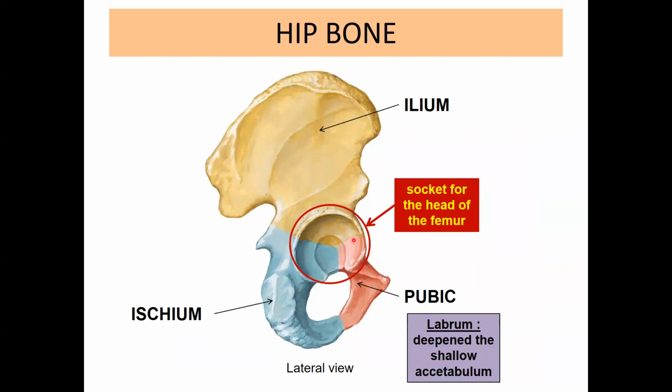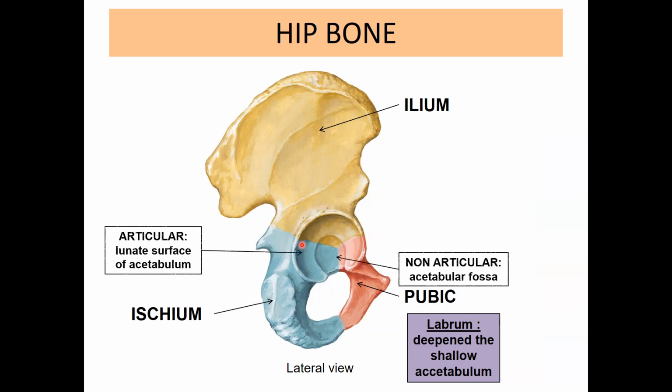So the head of femur can fit to this acetabulum very well and stable. This is the acetabular articular surface, where the head of femur articulates. This is what we call the lunate surface. Lunate means moon. This is the lunate surface of acetabulum, and this is the non-articular surface of acetabulum, known as the acetabular fossa.